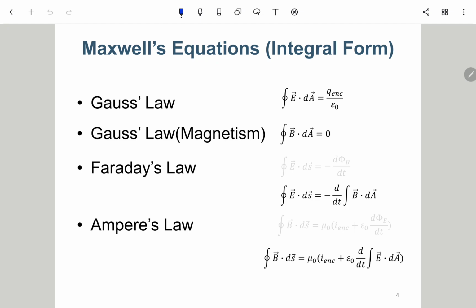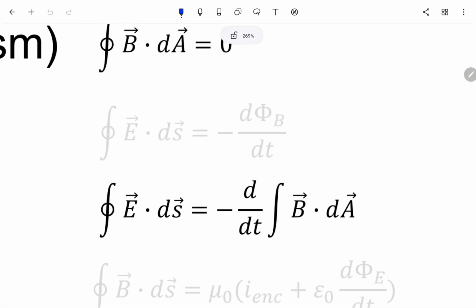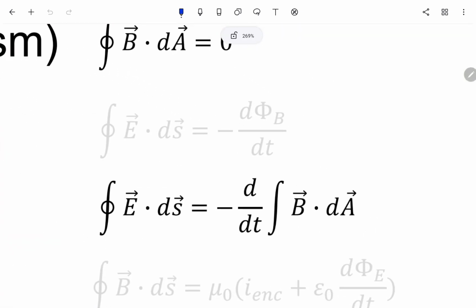We would like to rewrite it a bit. For the Gauss law, we don't change it at the moment. But for the phi b, for Faraday's law, we try to rewrite it as a surface integral.